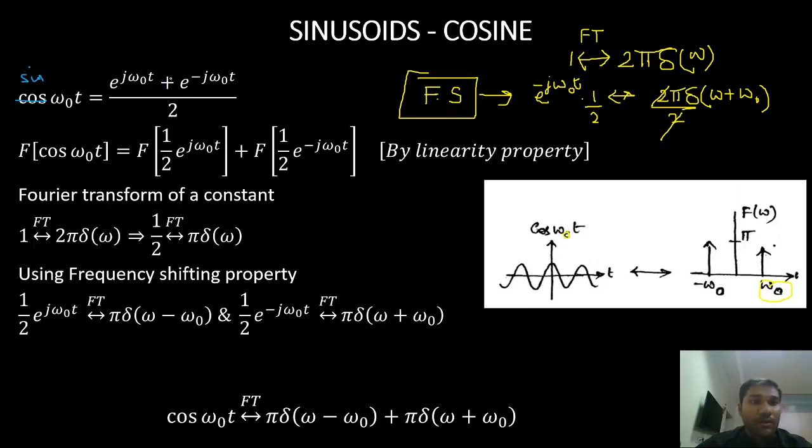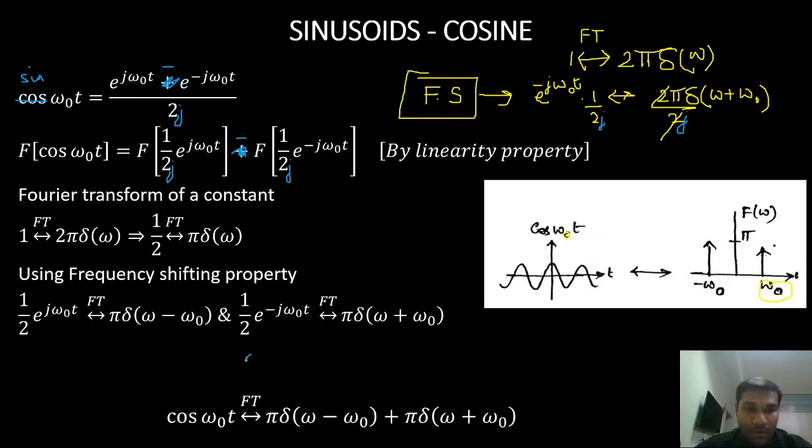Instead of a plus sign, I will have a negative sign, divided by 2j. So in these Fourier equations, I will introduce a 2j term here.